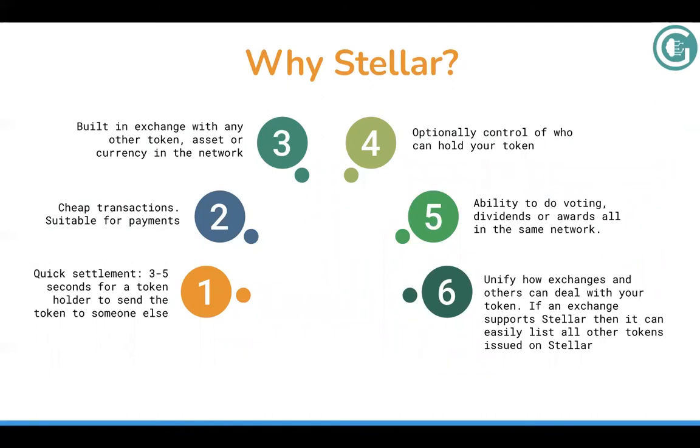So one of the things is that for any asset, any medium of exchange, it needs to be fast if we try to send it from one person to another person. And one of the good things about the Stellar network is that it is quick. It takes somewhere between 3 to 5 seconds for a token holder to send some tokens from one person to another.